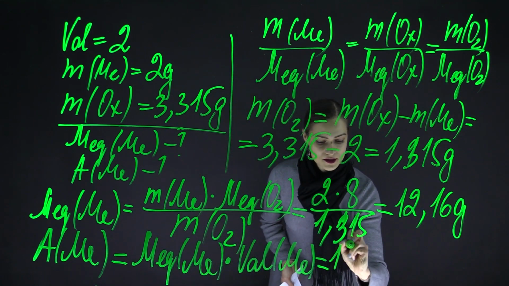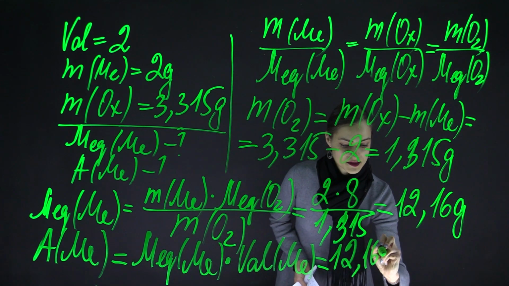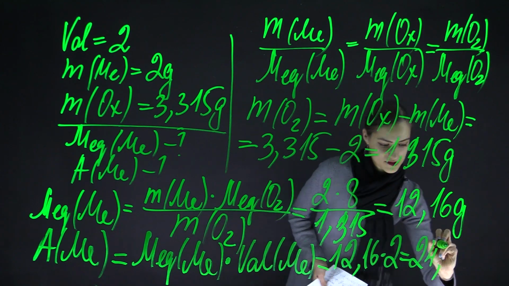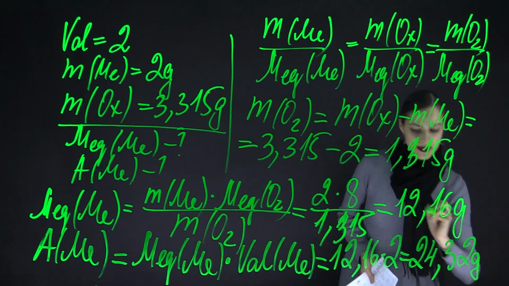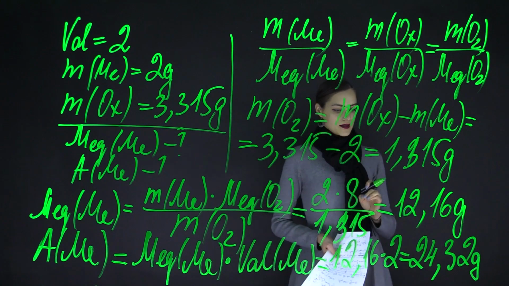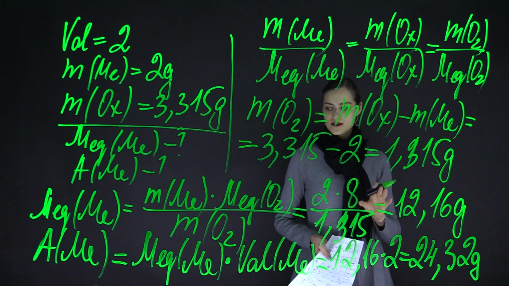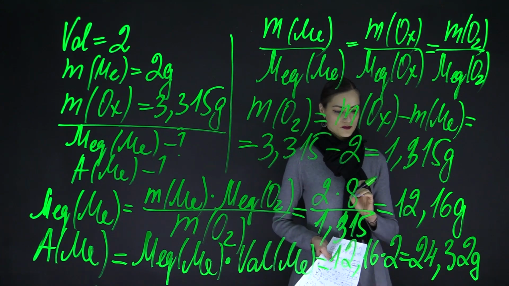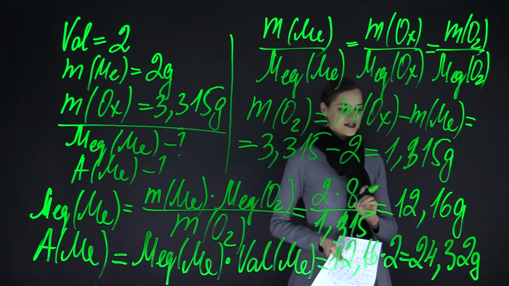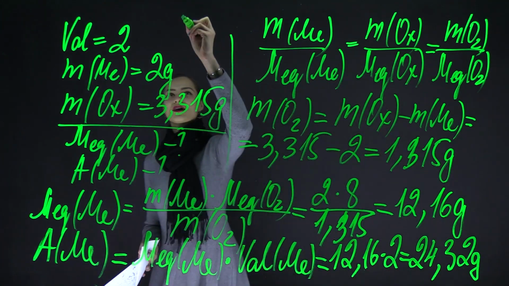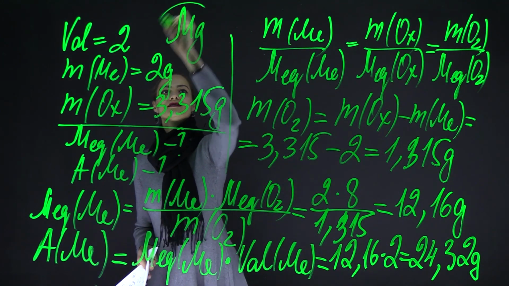So 12.16 multiplied by 2, we have 24.32 grams. And if we take the periodic table, we can see that this atomic mass corresponds to magnesium. So in our situation, our metal is magnesium.